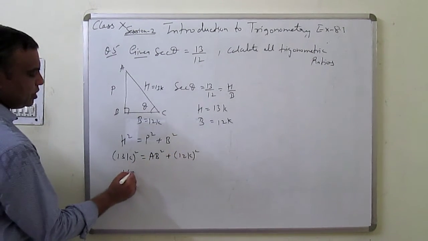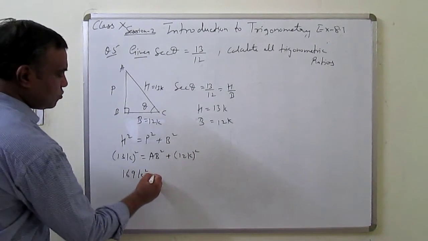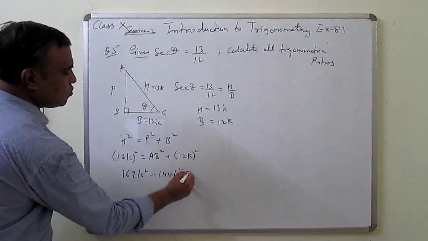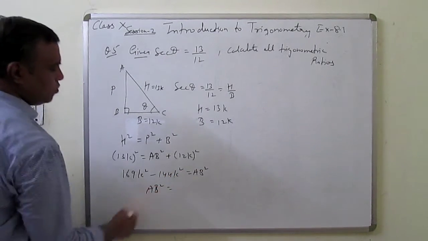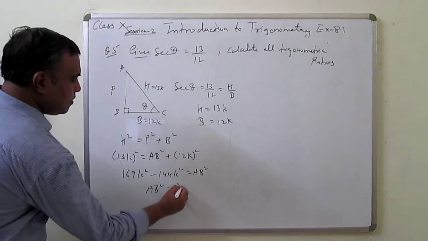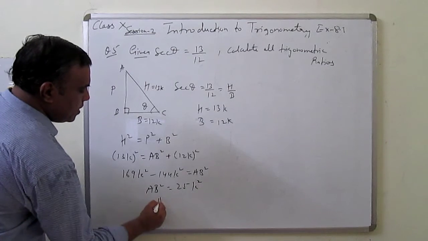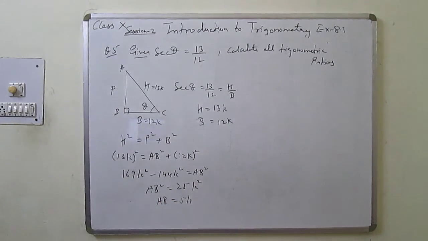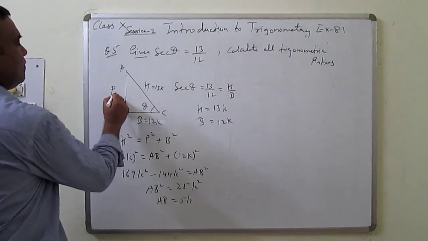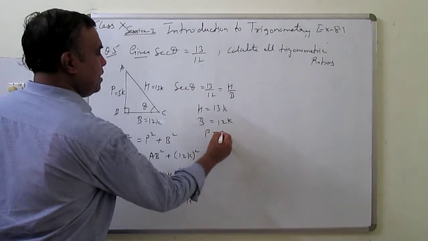It is 169k square. 12 का होता है 144, so minus 144k square is equal to ab square. So ab square is equal to कितना आ गया 25k square. So ab is equal to 5k. So this is 5k, means perpendicular is 5k.